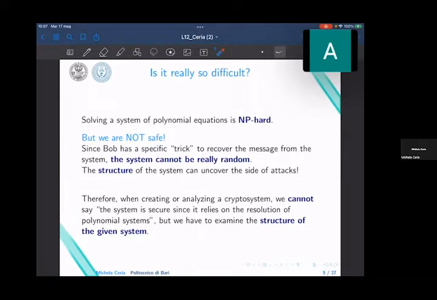He can solve the system more efficiently, so the system cannot be really random. There is a structure inside the system, and the structure can expose the system to attacks. So when you create or analyze a cryptosystem, you can't say directly, oh, okay, I have to solve a polynomial equation system so it is secure. No, you have to examine the structure of your system.